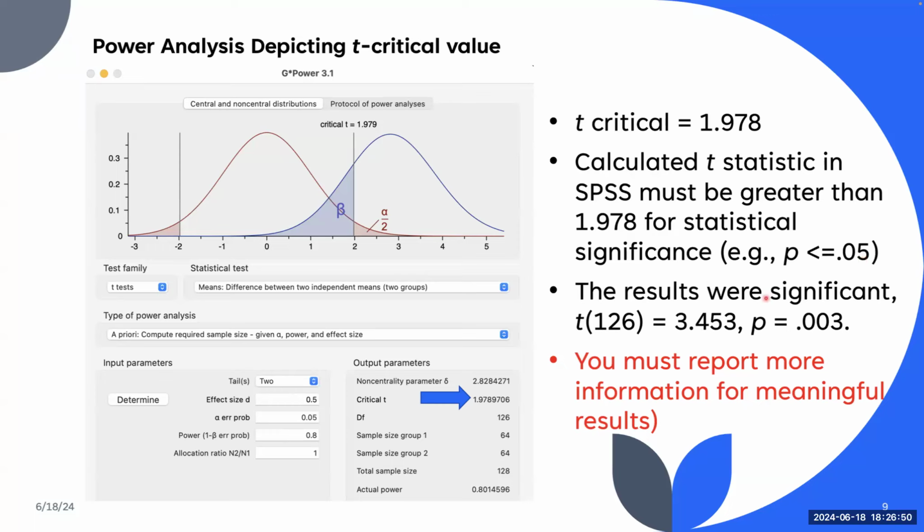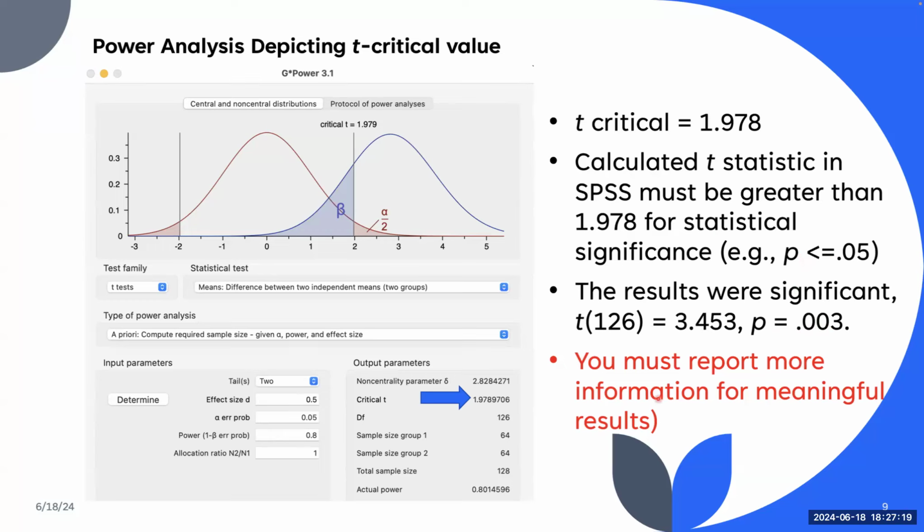So if I were to say, what's going on here, you would say, this test was run and the T critical value had to be exceeded for it to be a significant result. And so obviously, if this was exceeded, this is significant.